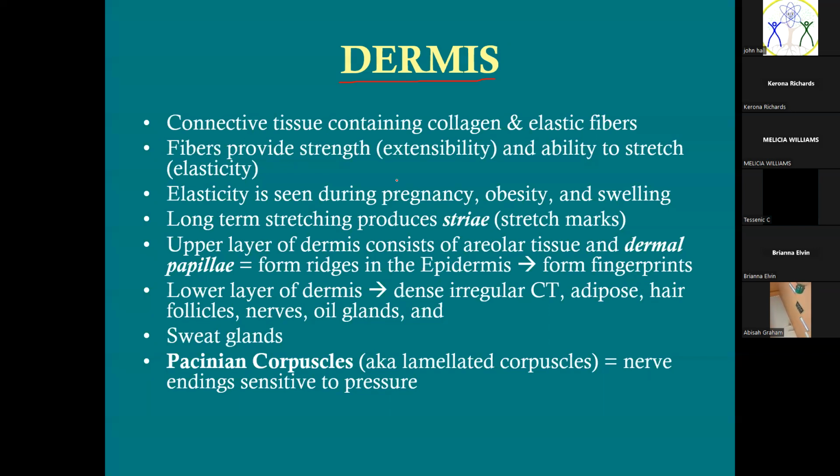Okay, so what's in the dermis? The dermis is made up of quite a bit of collagen and elastic fiber for its structure. Collagen, as you know, is a strong fiber and is good structural material. So it helps your skin to hold its shape, right? The elastic fiber allows your skin to stretch.